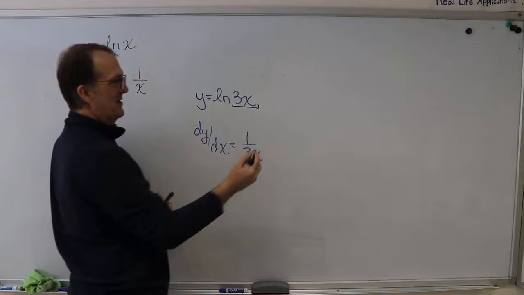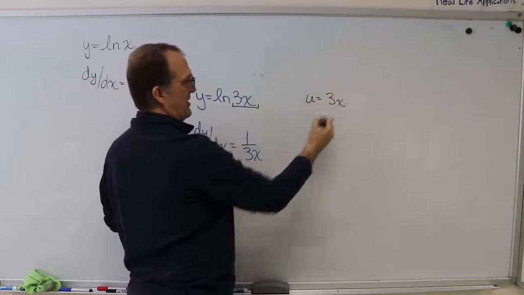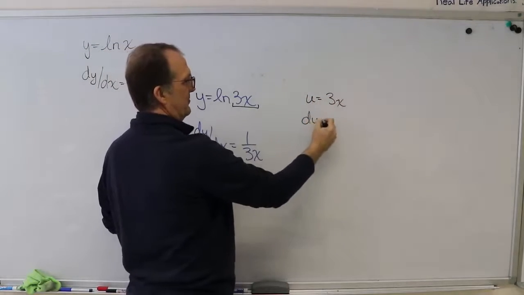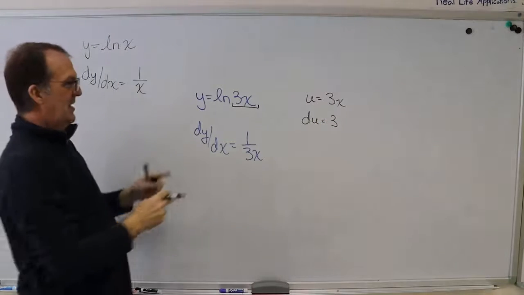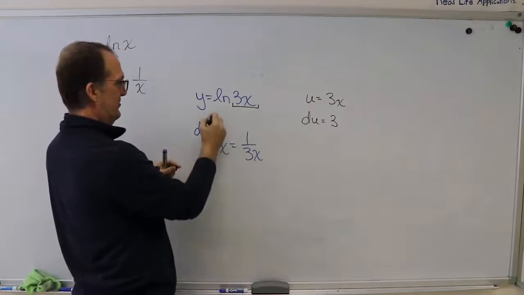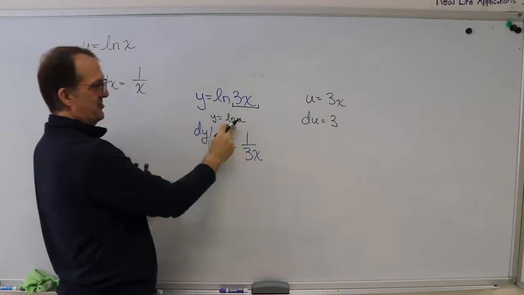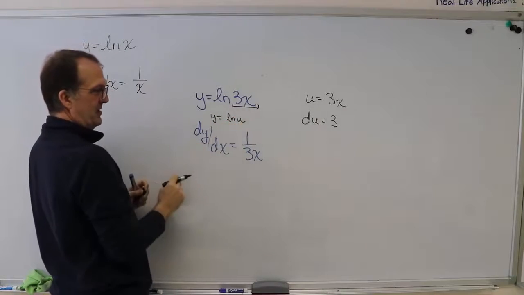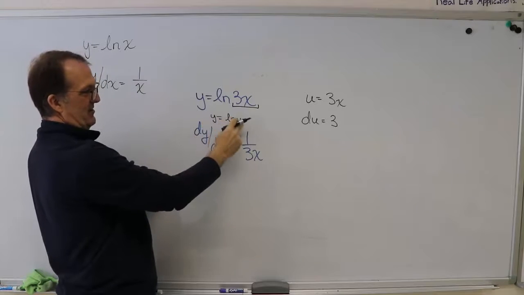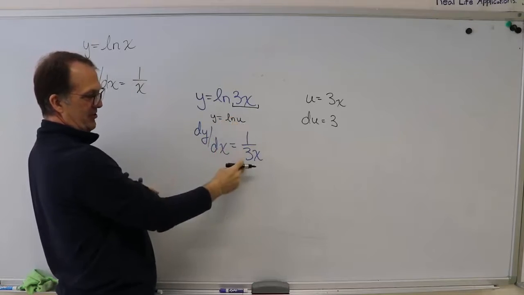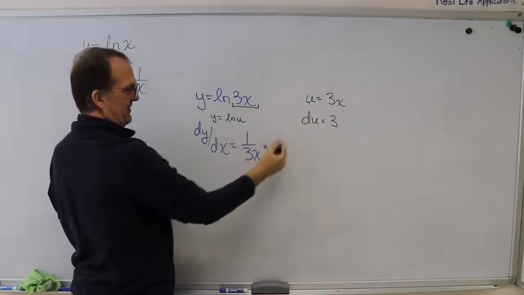Because what I need to think about is we have u is 3x, so du is 3. Then I'm going to fill in, now that we have the natural log of u. And the derivative of the log of u is 1 over u times the derivative of u.